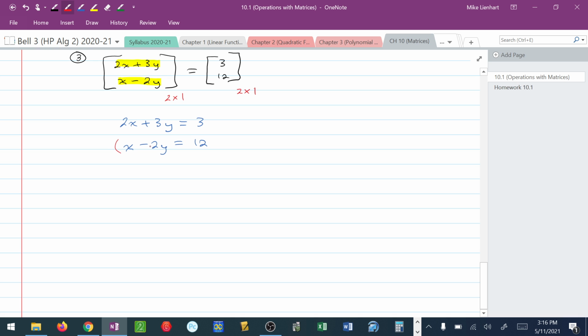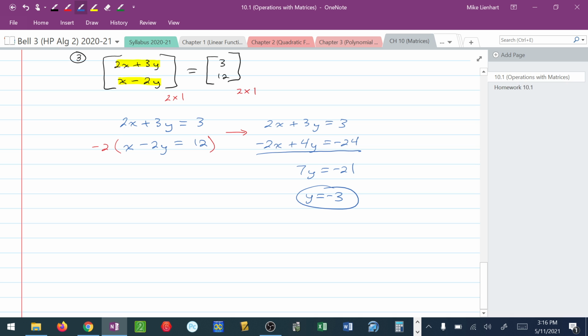So I'm going to multiply the second equation here by negative 2, creating a new system of 2x plus 3y equals 3, and negative 2x plus 4y equals negative 24. Smash these together, I get 7y is equal to negative 21, or y is equal to negative 3.